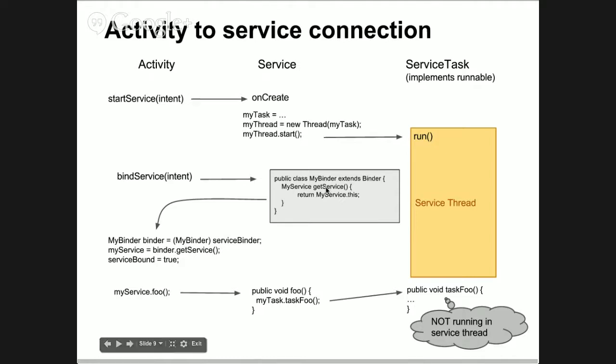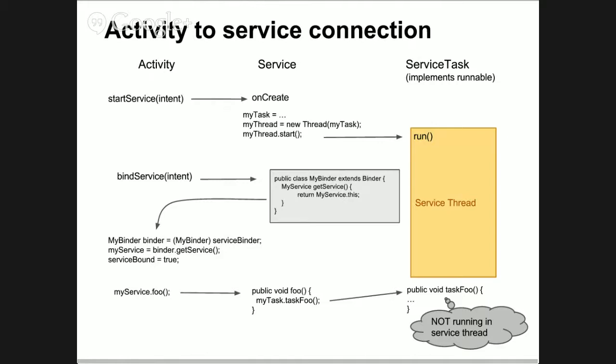It's not only mine, many people use it. In this binder that I return, I define a getService method that returns the service object itself. So that in the main thread, I can say my binder is equal to my service binder. Fine, great. My service is equal to binder.getService. And then I use a flag to keep track of the fact that now I'm bound to the service.